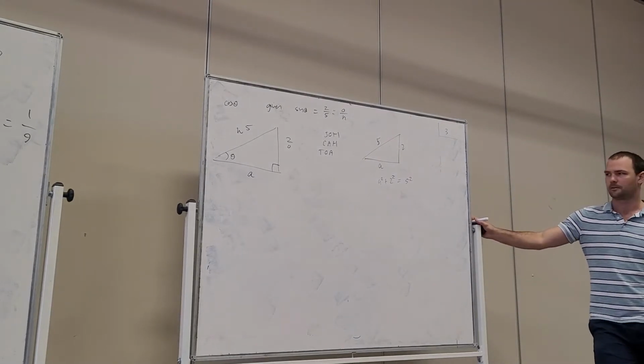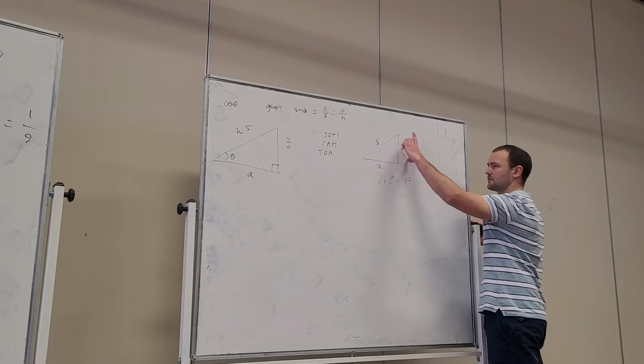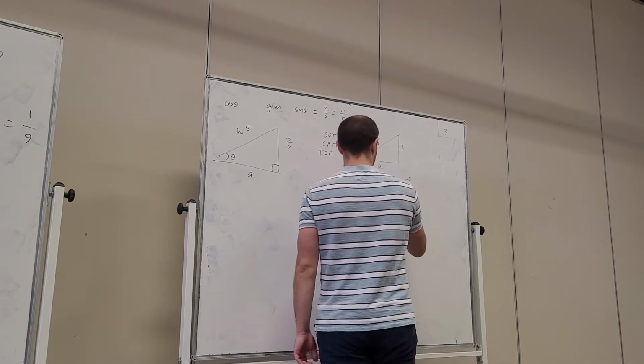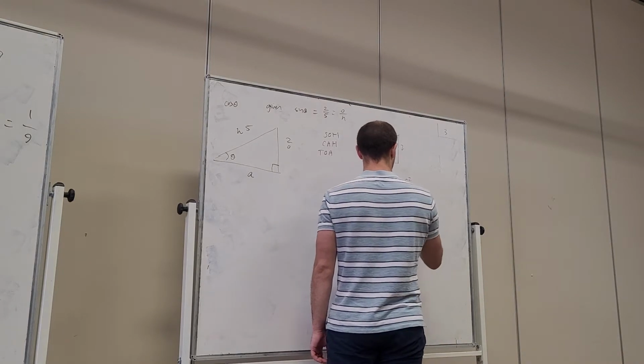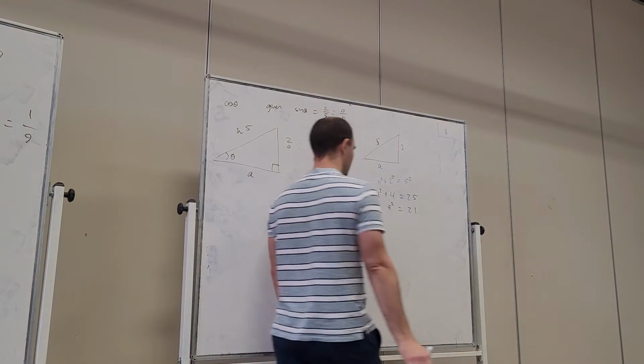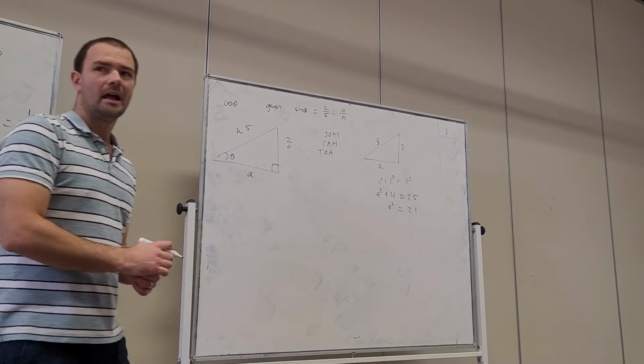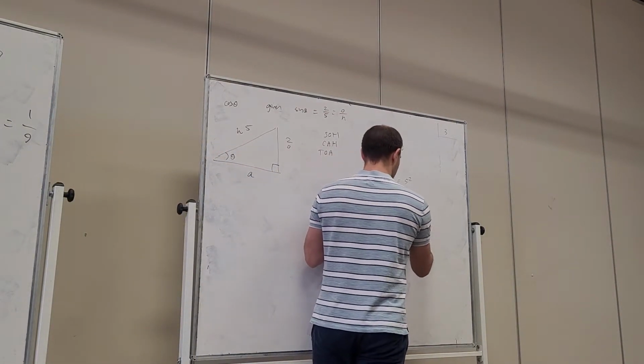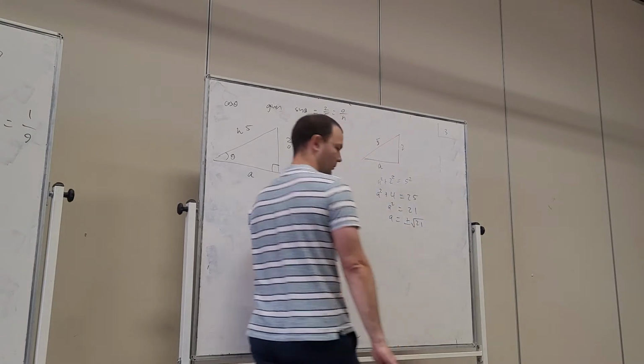That's our Pythagoras theorem there. This side squared plus this side squared will equal the hypotenuse squared. And let's go and evaluate that. Right, subtract 4 from both sides, and then square root both sides. We're going to get A is plus or minus the square root of 21.